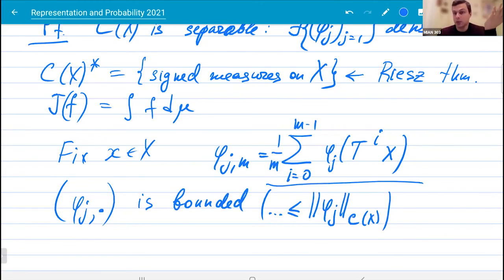Then this is also bounded. And therefore, you can take a subsequence that converges.